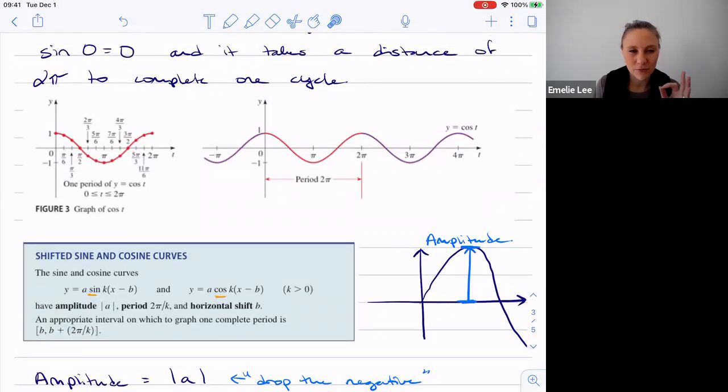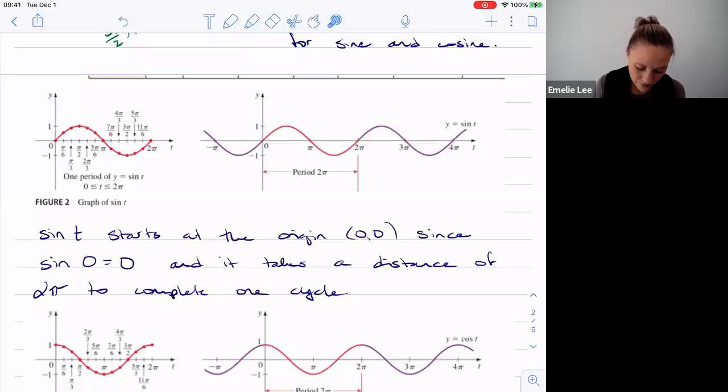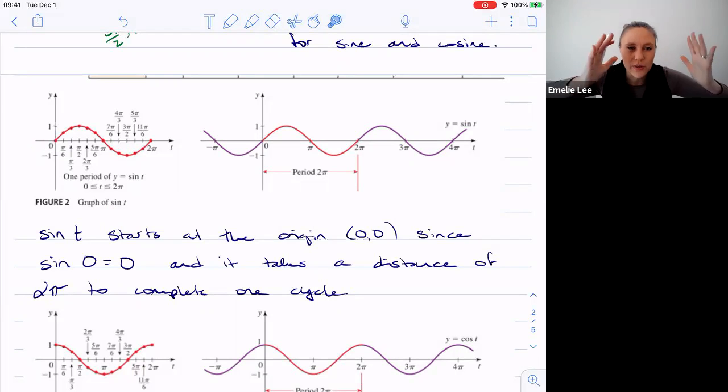For the sine, I start here at 0, 0. If I had a horizontal shift, I would need to move my point over. I have a horizontal shift of 0, so I start at 0, 0 still. But instead of taking 2 pi to move this whole distance, it takes me 2 pi over 3. So I've shortened this distance, and this whole thing gets smushed up.